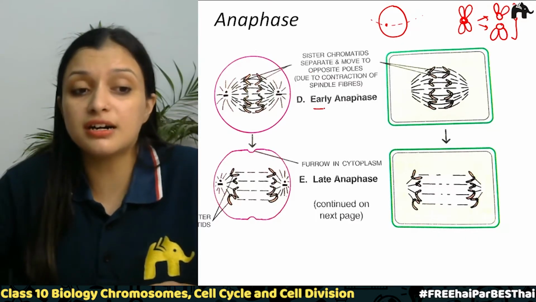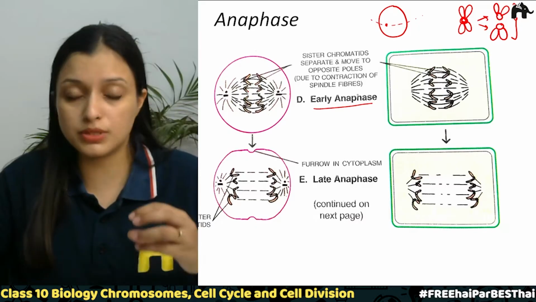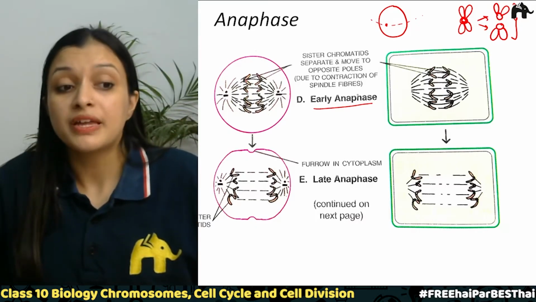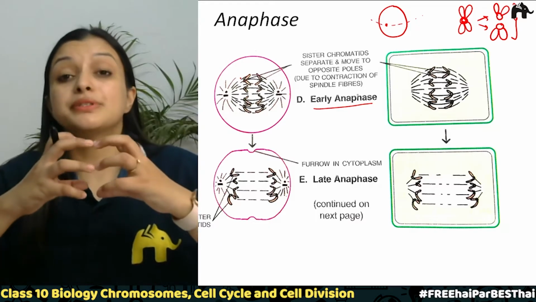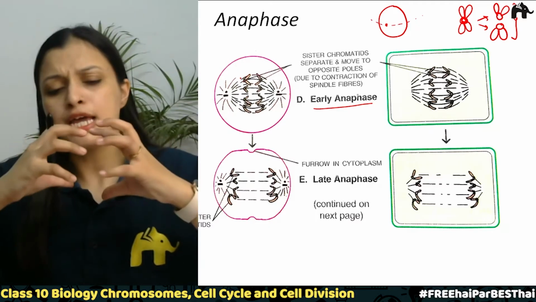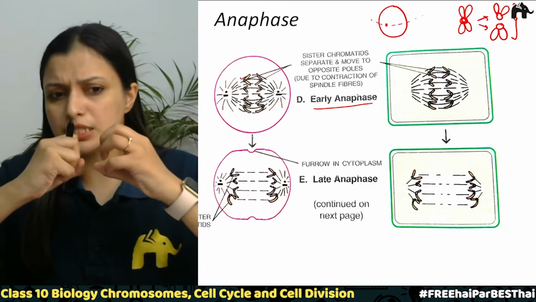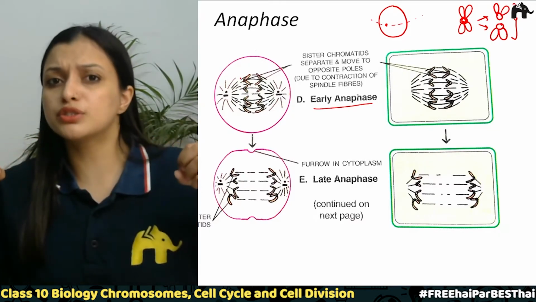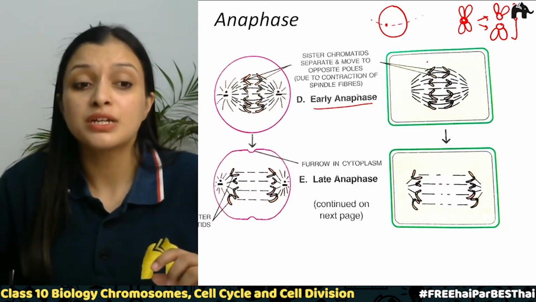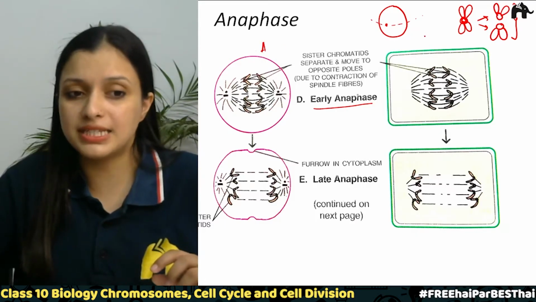So this is the early anaphase, where the centromere has split into two parts, and now the spindle fibers have started contracting, and when they contract, the chromosomes move towards the opposite poles, right?